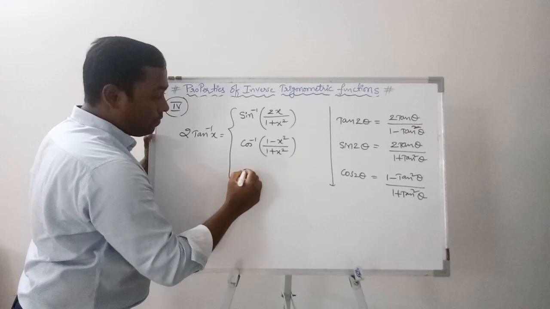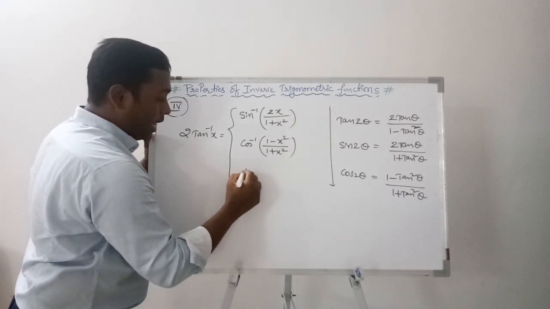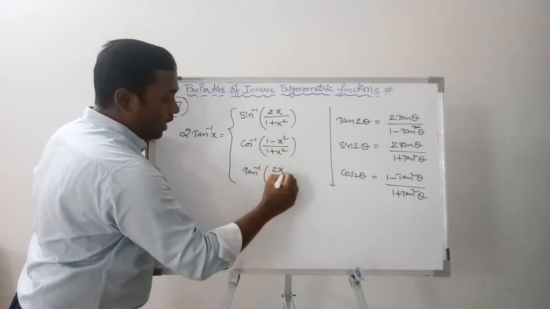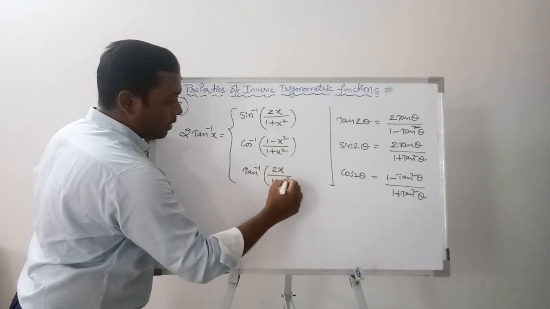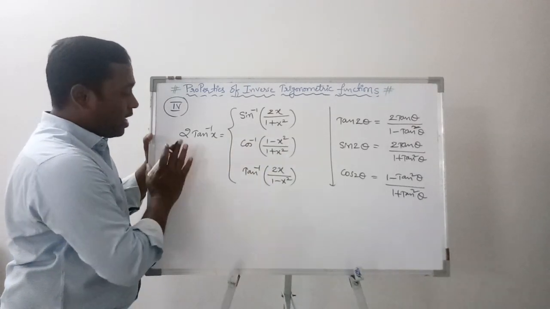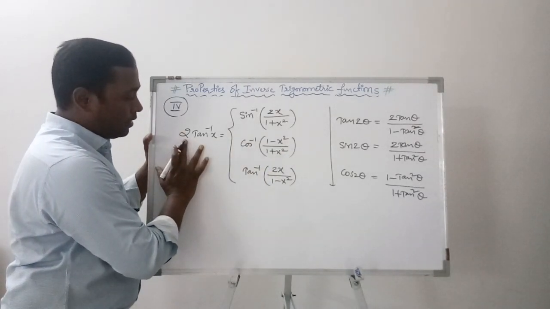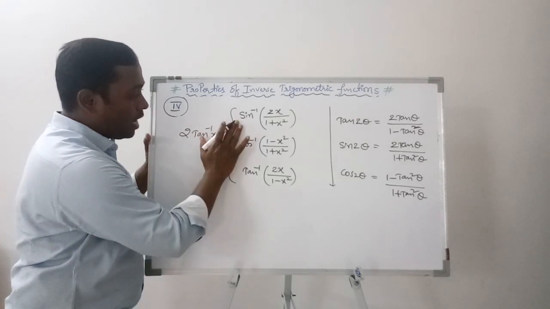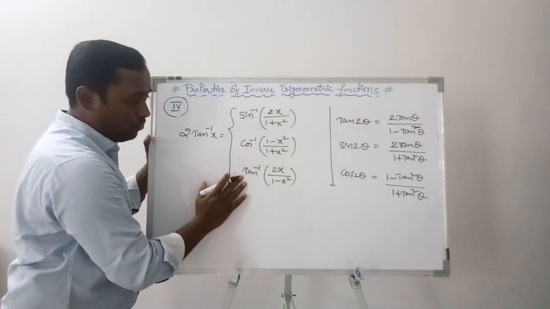And in terms of tan, that is tan inverse of 2x by 1 minus x square. So these are the three sets of formulas, meaning I can convert 2 tan inverse x as per the requirement. I can convert this into sine inverse, cos inverse, tan inverse.